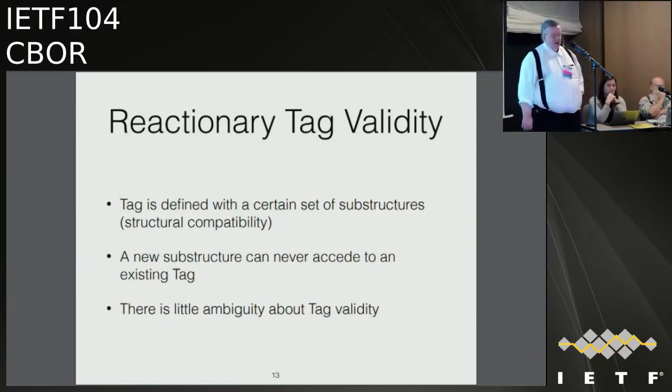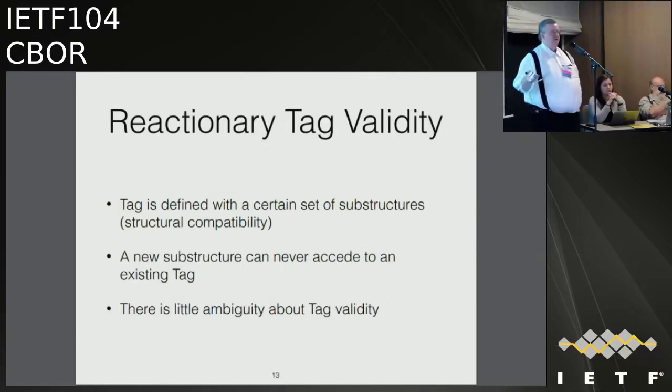A tag is defined, at the time it is defined, with a certain set of substructures that are acceptable. For instance, tag 1 was defined to only allow integer or floating point numbers as its tag value.